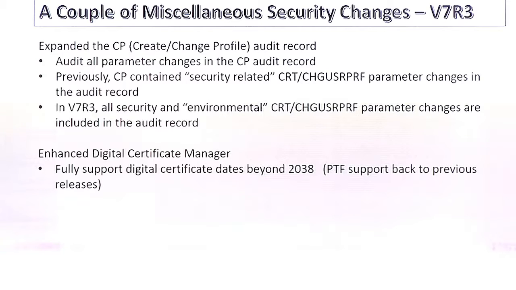And then there's a couple of miscellaneous 7R3 things, like the audit parameter record for your create and change a profile. Does anybody use that? I thought you might, Alan. No, not 7.3 yet. But there was always a CP record. It's just got more information on it now.